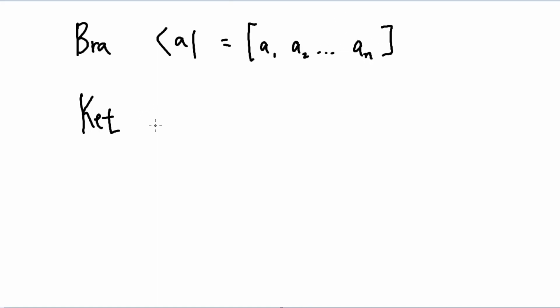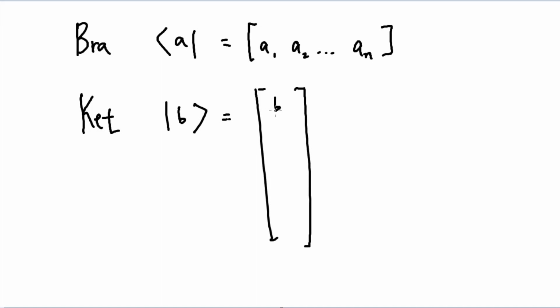On the other hand, a cat vector is written in this notation, and we rename that as B. By the way, A and B here just represent the names of these vectors, and A1, A2 are just elements within these vectors. Instead of being a single row, it is written as a column. So say B1, B2, so on and so forth until we get to its nth element, Bn.